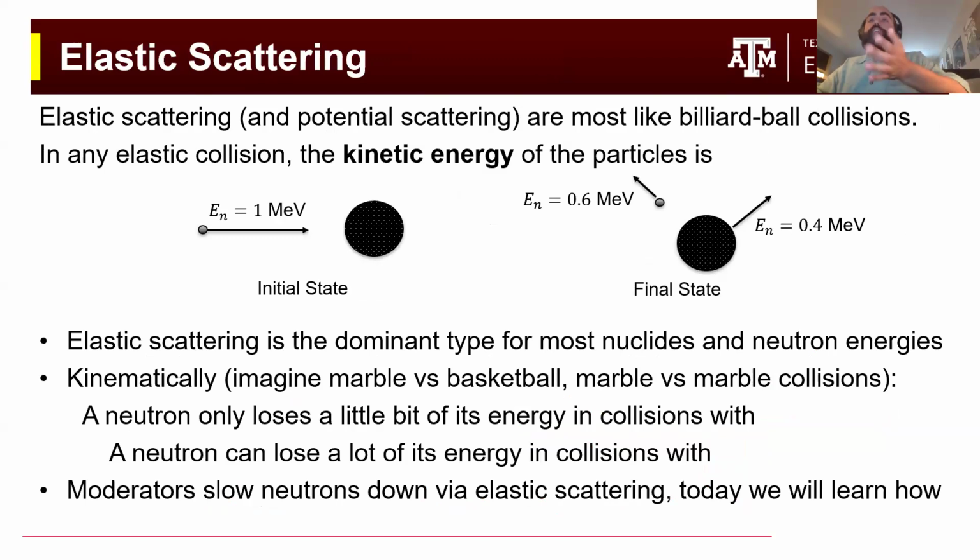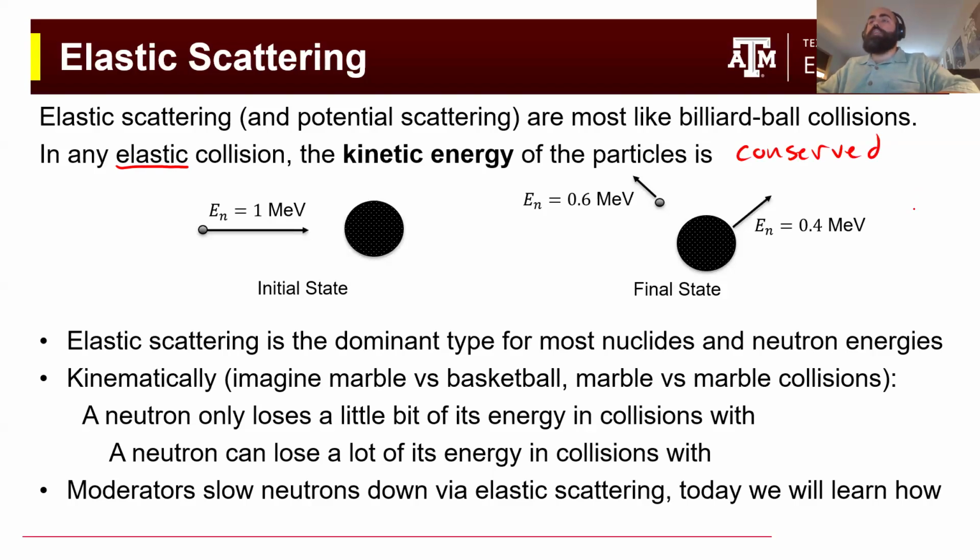So in terms of thinking about it like billiard ball collisions, elastic and potential are the two situations where that model is the least inaccurate, let's say. And so if we have an elastic collision, one of the hallmarks of an elastic collision is that in terms of the kinetic energy of the system, the kinetic energy of the particles is conserved.